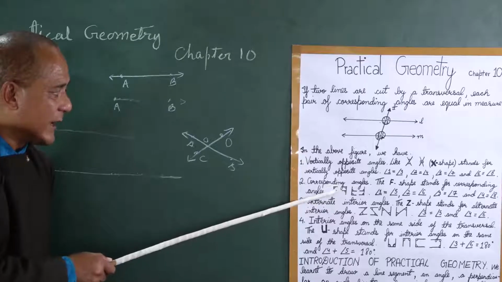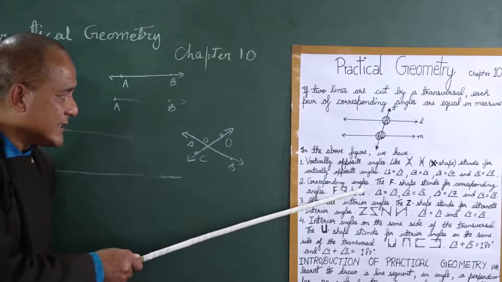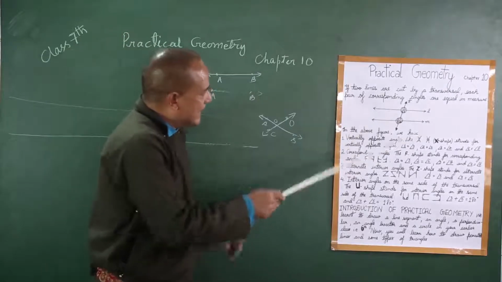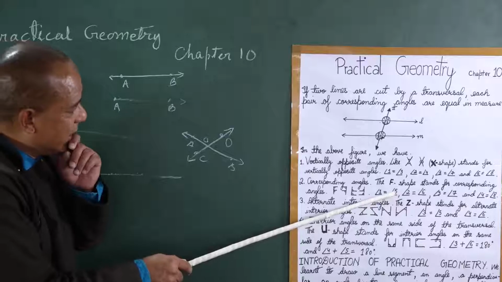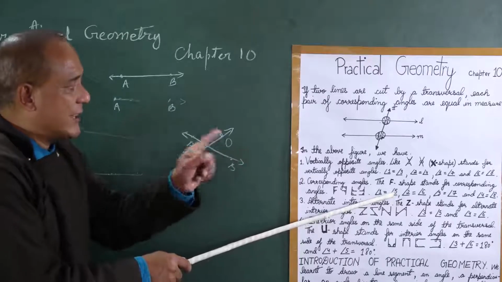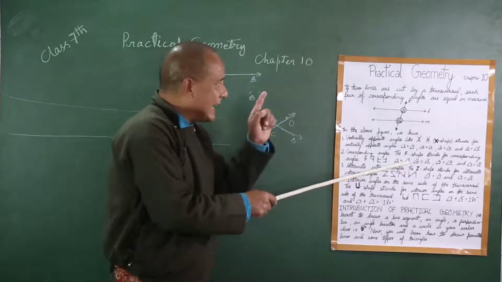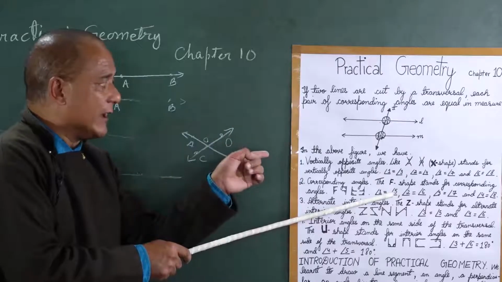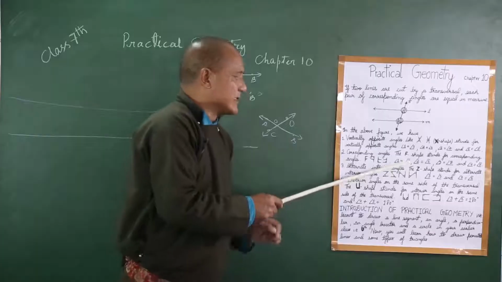This and this is a corresponding angle, this and this is a corresponding angle. When you look at this figure again, angle 1 is equal to angle 5, because they are in the F shape, so they are corresponding angles. That is why they are equal to each other.